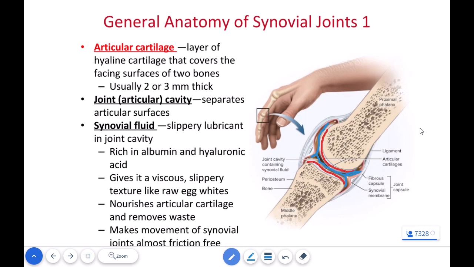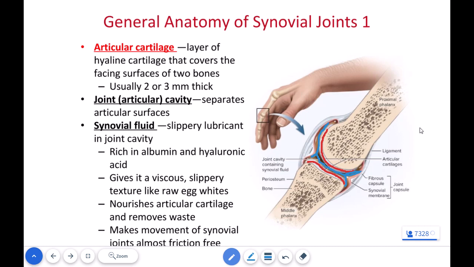Synovial fluid has hyaluronic acid. Hyaluronic acid is a glycoprotein that has branching carbohydrate chains on it. These branching carbohydrate chains will absorb water molecules via hydrogen bonding, and because it absorbs the water molecules via hydrogen bonding, it makes this liquid very slippery. Albumin is another common protein present within synovial fluid.